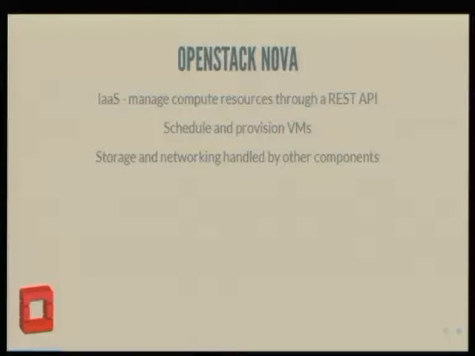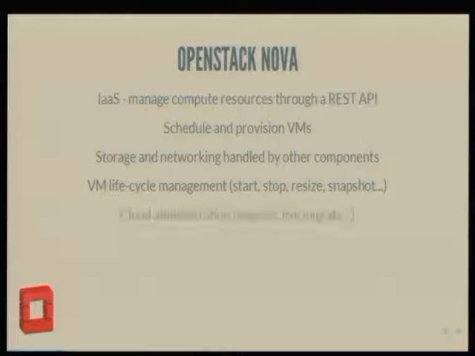Storage and networking is handled by different components, and I won't be talking about them here. And it allows you to start, stop, resize, and snapshot your VMs, and also allows administrators to do more advanced tasks like migrate, live migrate.